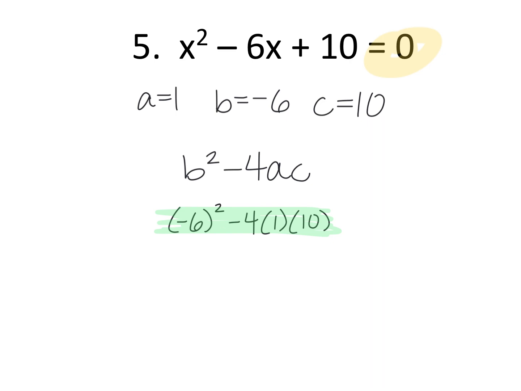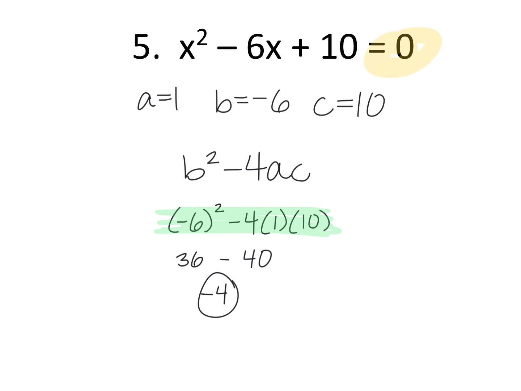I know -6 squared is 36. I know that 4 times 1 times 10 is 40. So it's 36 minus 40, which is, did you get -4 on your calculator? Okay. So that is my discriminant, -4, saying that under the root, it would be -4.